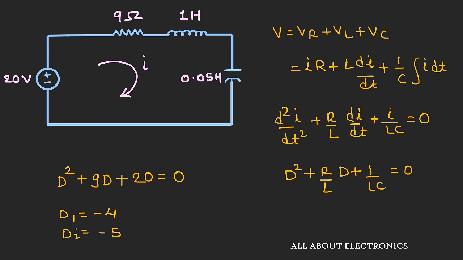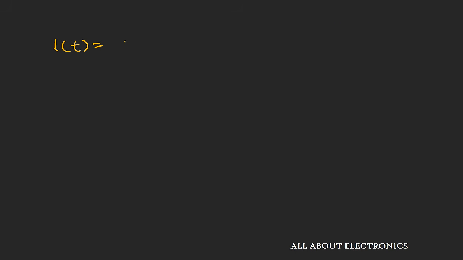So these will be the two roots of this equation. So the solution can be given as C1 into e to the power -4t plus C2 into e to the power -5t. Now we need to find the values of C1 and C2 by applying the initial conditions.